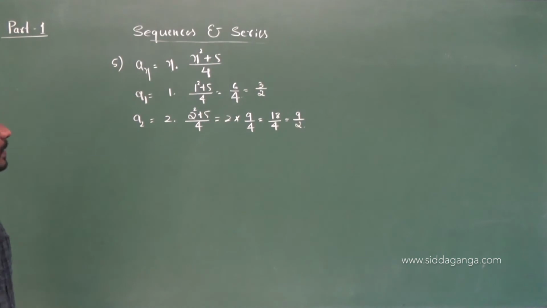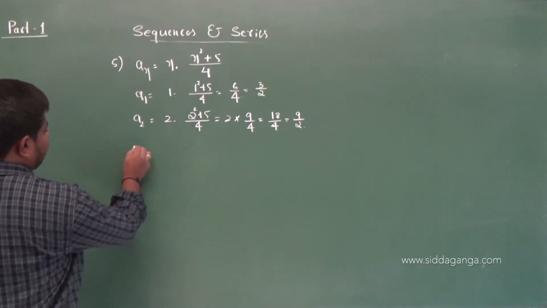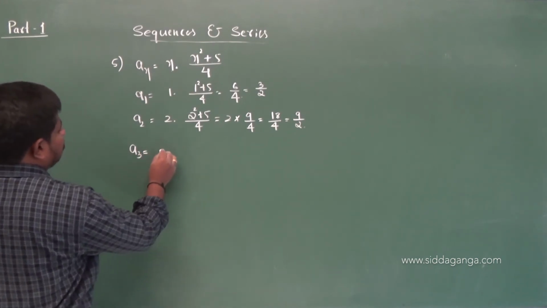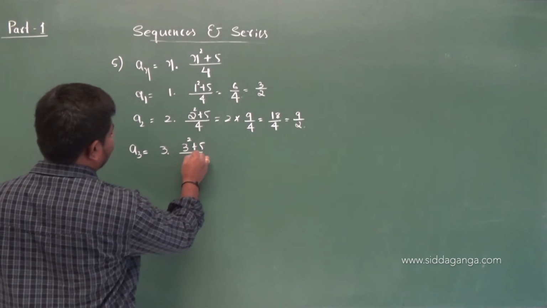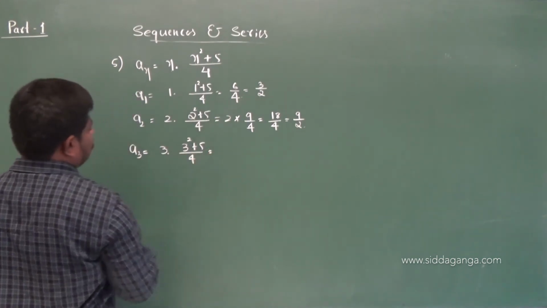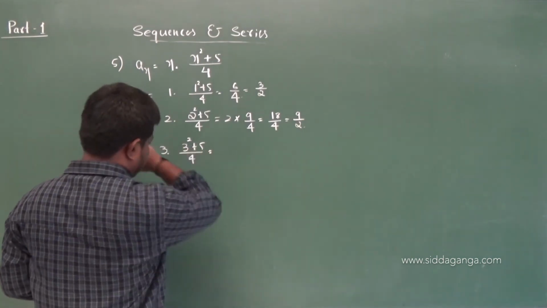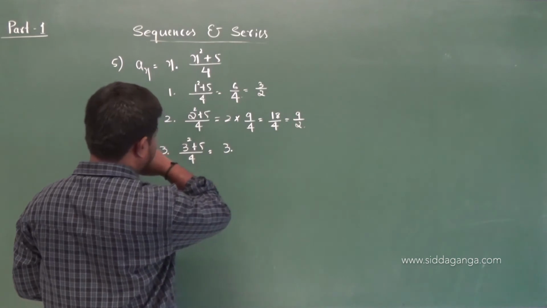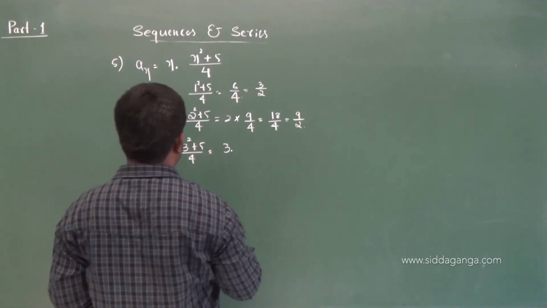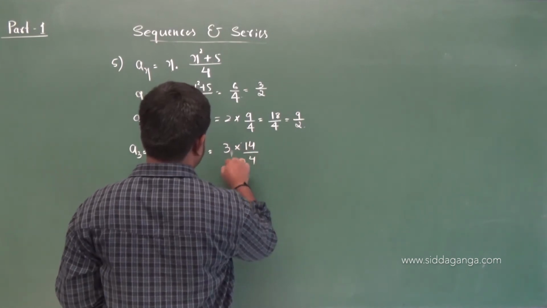Okay. Right. Now a3 is what? 3 into 3 square plus 5 by 4. So we get 3 square is 9 plus 5, 14, 3 into 14 by 4, right.